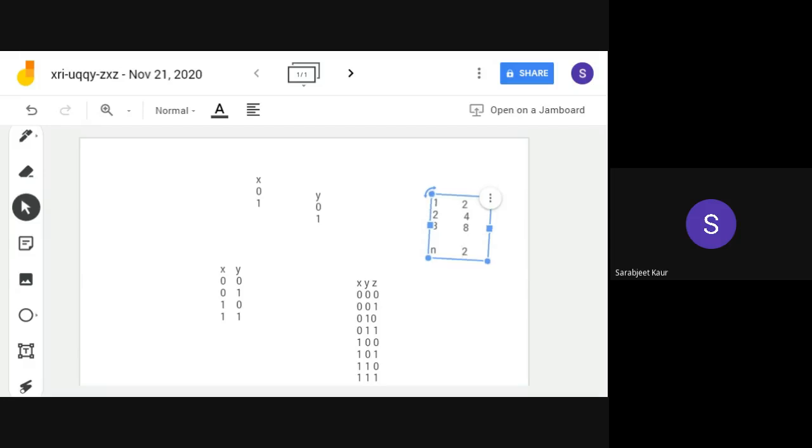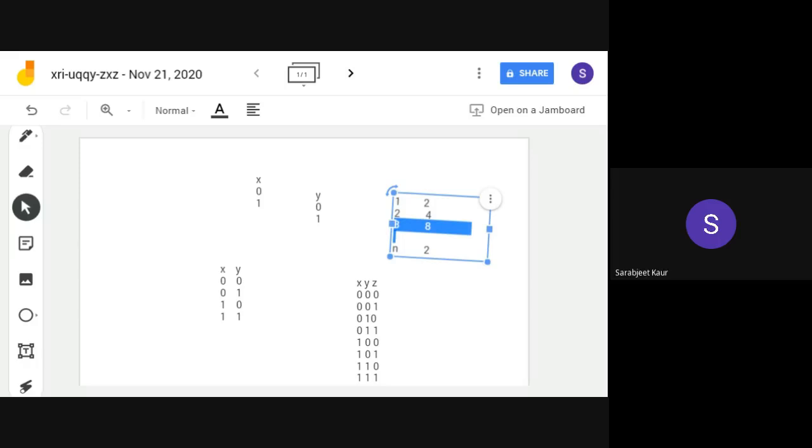Because see, first time when we had a single variable, how many values were there? 2 raised to the power of 1 is equal to 2. Next time when we had two Boolean variables, we had 2 raised to the power of 2 is equal to 4 values. Next time, when we had 3 variables, how many values were there? 2 raised to the power of 3 is equal to 8.